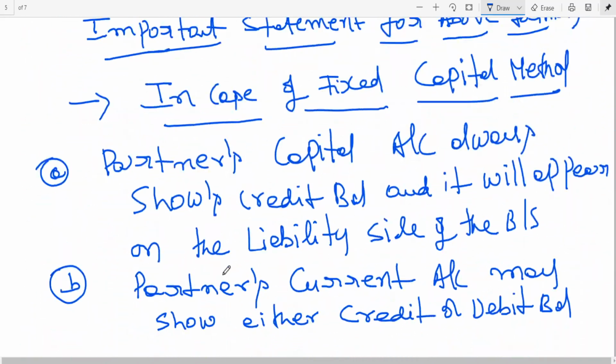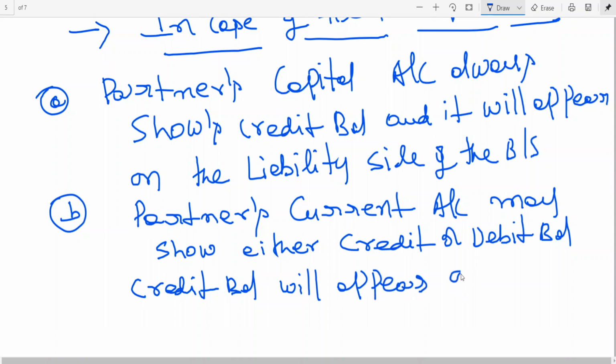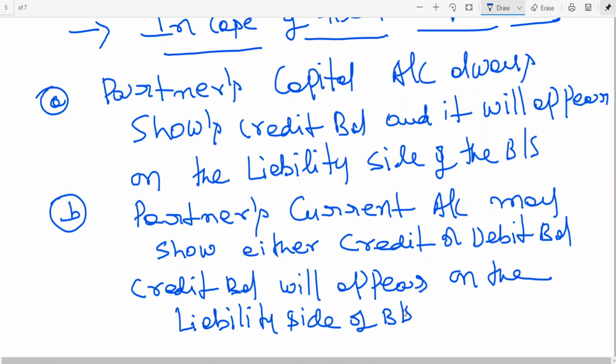So tell me, partner's current account may show either credit or debit. Credit balance will appear on the liability side of balance sheet.